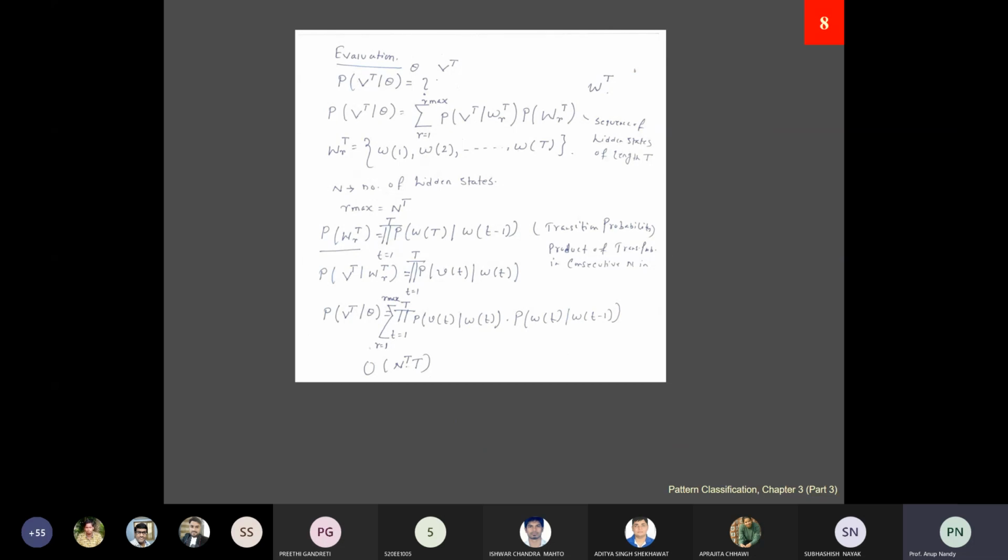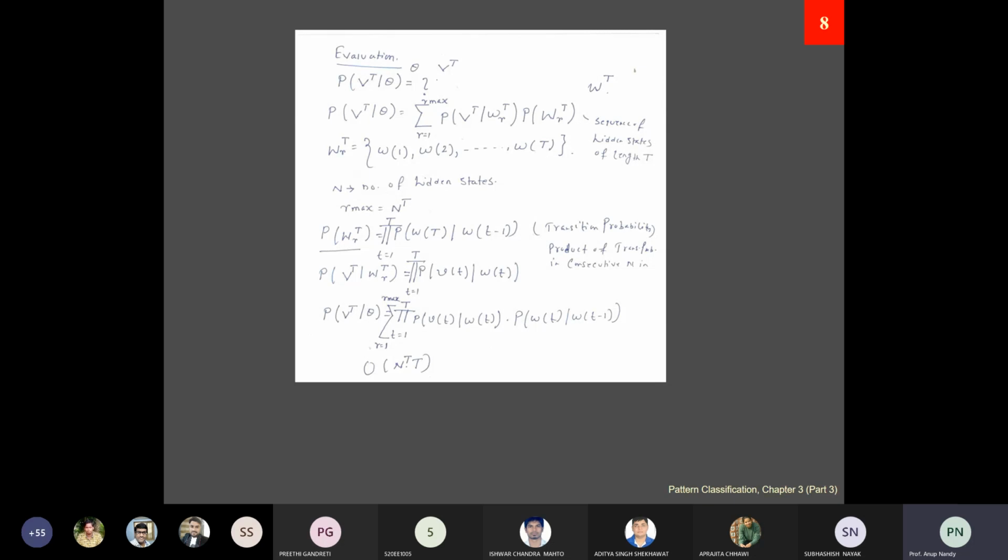So now whatever I explained is also written here, because you have a theta. Theta means it is a model, the HMM model, which is given, and Vt is the visible sequence. Now you have to compute the probability of generating the visible sequence by model theta.